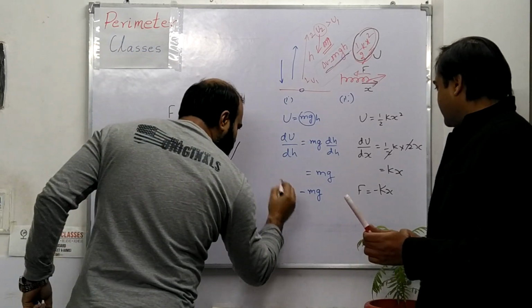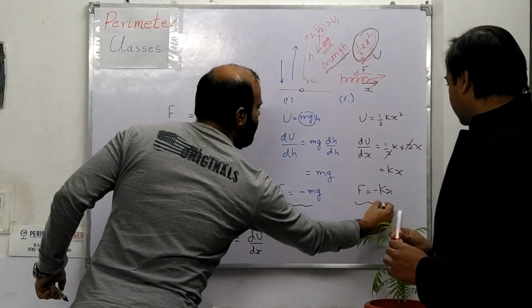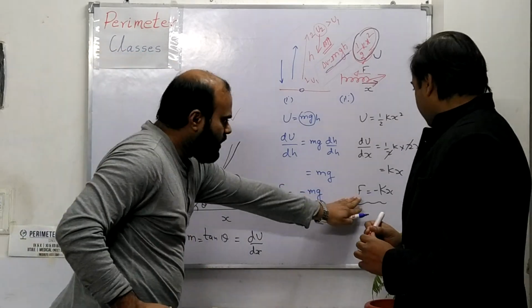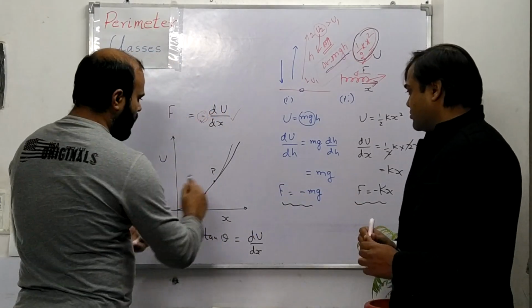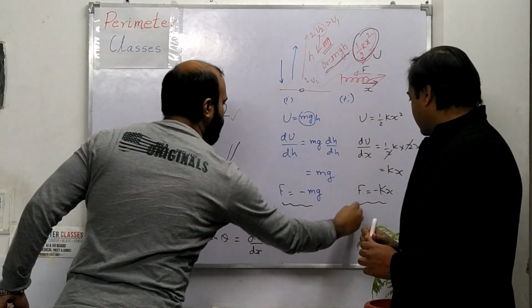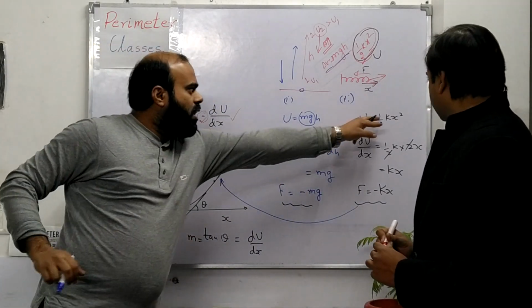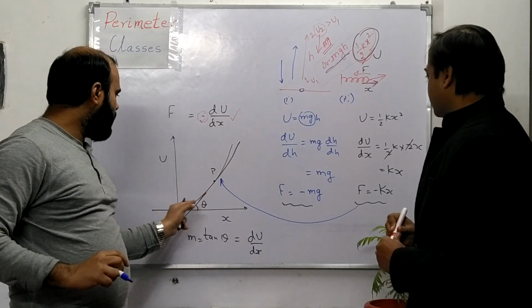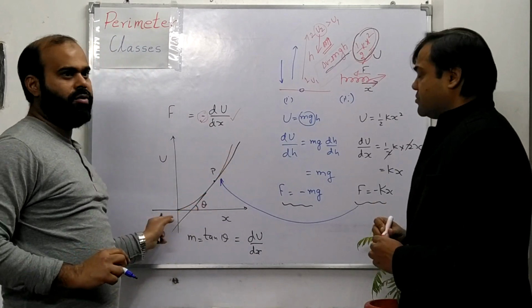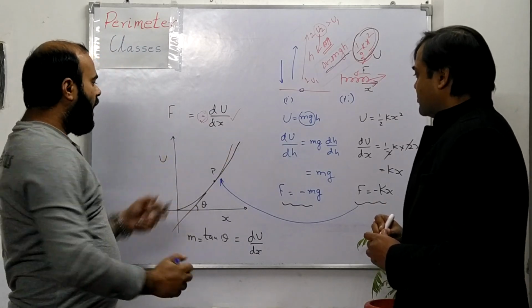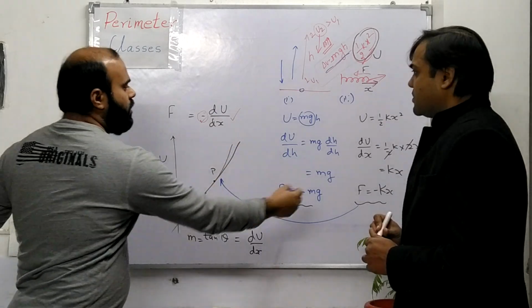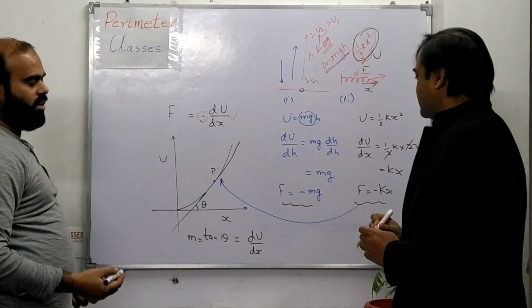So what are the slight differences between the graphs of these two? If this is seen, actually this is the graph of this one, because here the x square term is there. So this is a quadratic form of the graph, and the tangent is actually minus kx, which is a linear graph.